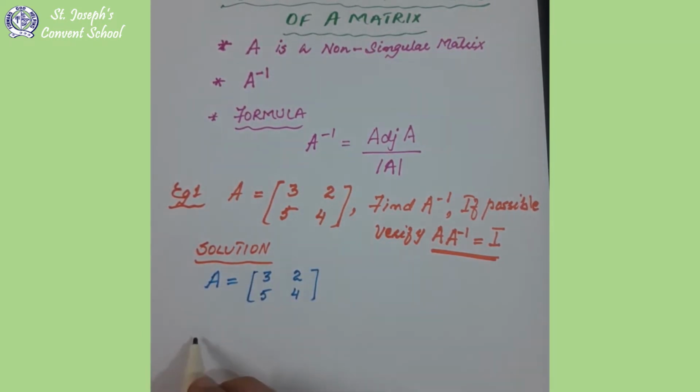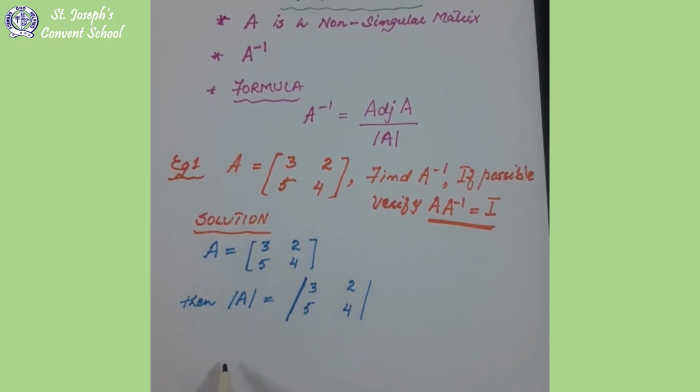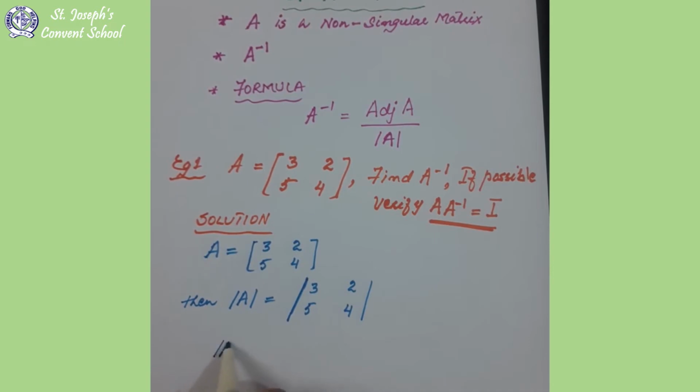We'll change it into determinant form. Then determinant of A is 3, 2, 5 and 4. So this is the determinant form, and you know how to calculate that determinant.